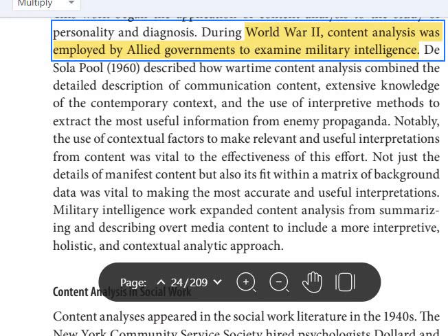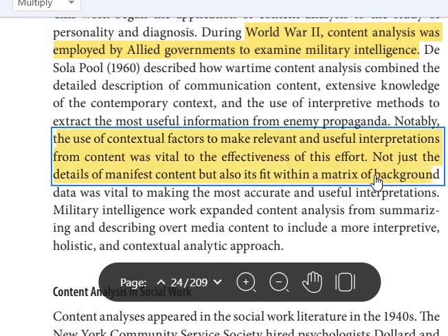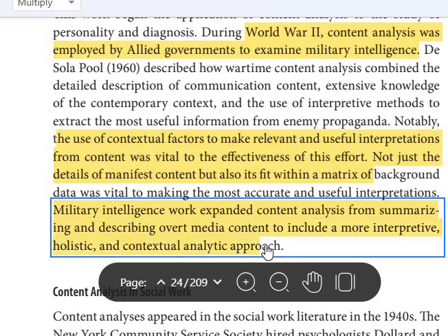Here we should say that the use of contextual factors to make relevant and useful interpretations from content was vital to the effectiveness of this effort. The military intelligence work expanded content analysis from summarizing and describing overt media content to include a more interpretive, holistic, and contextual analytic approach, as we just said.